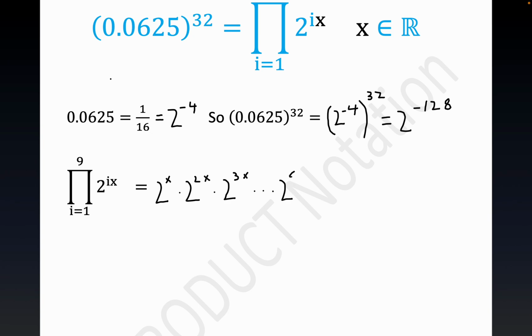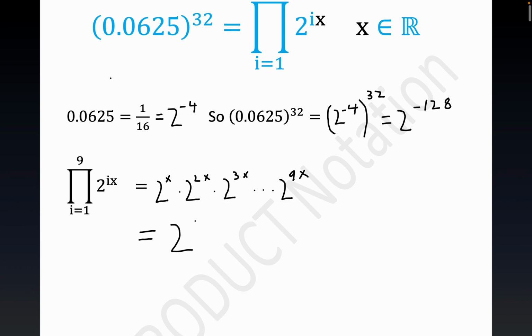Okay, now here's where we have to do a little bit of work, but not much. Now, the properties of exponents says that you add exponents in this context here. And so if you take a look, since x is common to all 9 of the exponents, we can rewrite this as 2 to the x, and we'll factor it out. We're actually doing the work in the exponential part of 2 here.